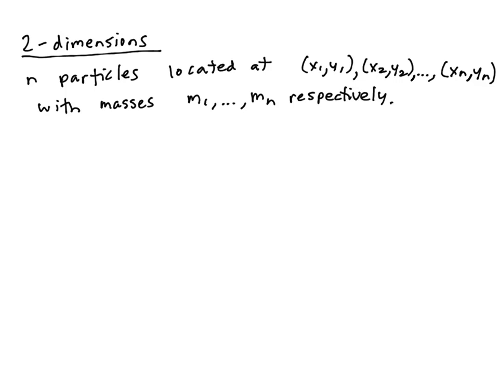So the trick here, when you have n things all scattered around, is you realize that all n of these points are weighted with a mass with respect to the x and y axis in the same way. Okay, so what am I saying? I'm saying that we actually need 2 moments now, 1 moment with respect to the x-axis and 1 moment with respect to the y-axis. So let's write this down.